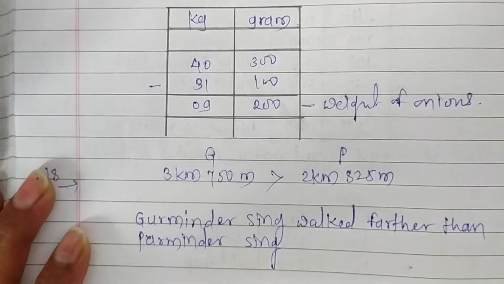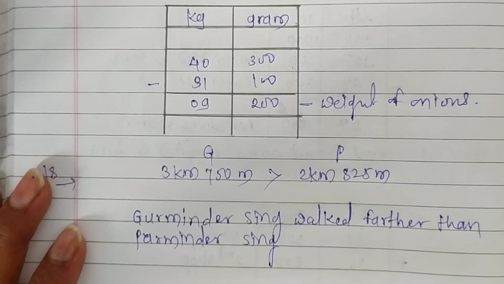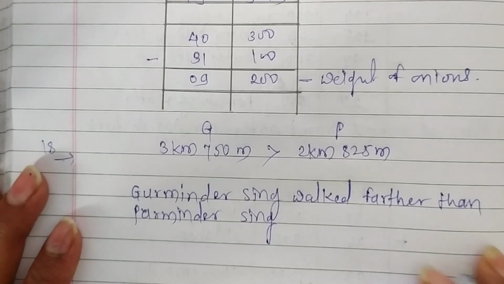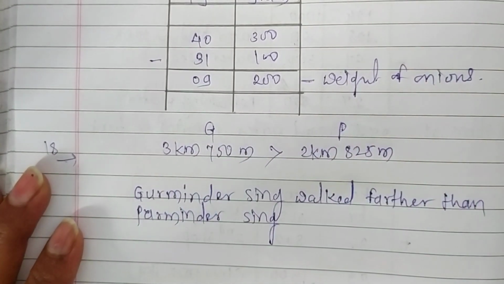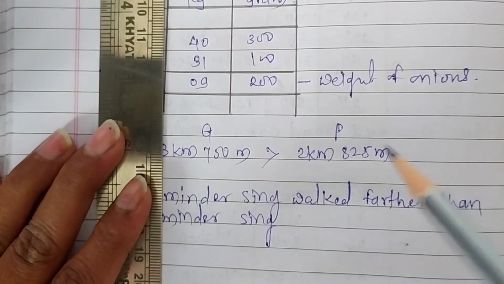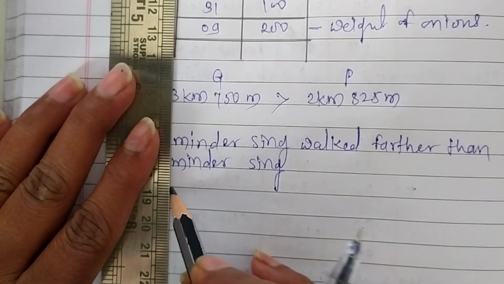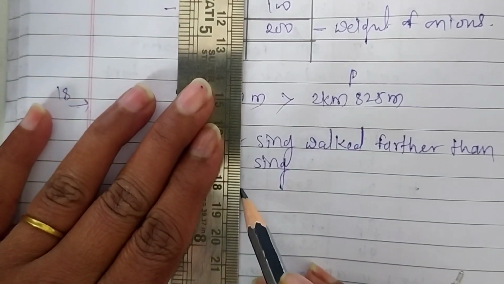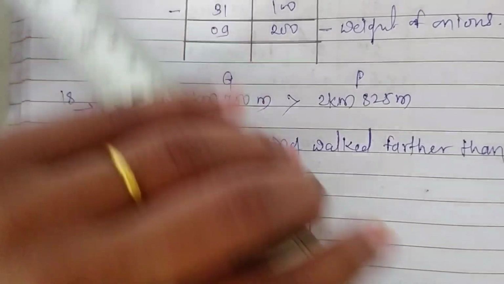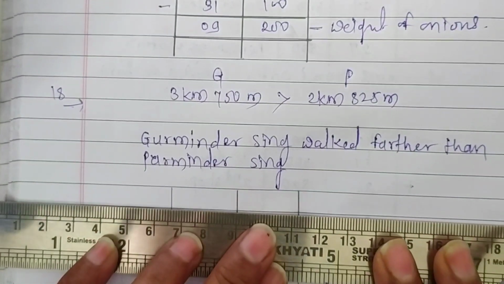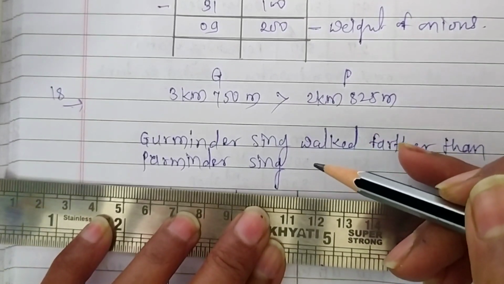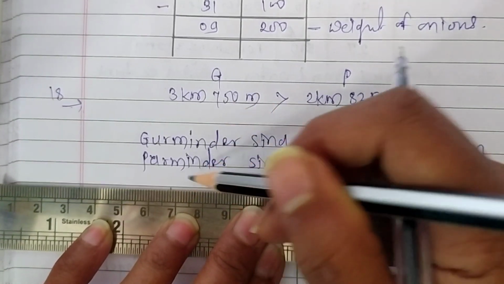Now to find by how much, let's subtract these both distances. For it, make columns. Now the units are kilometer and meter.